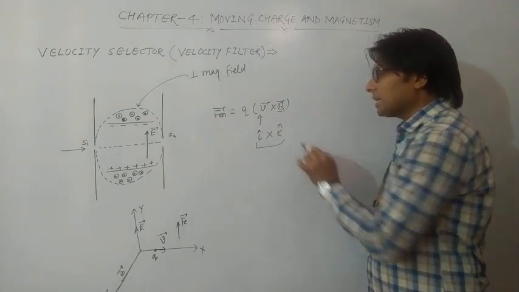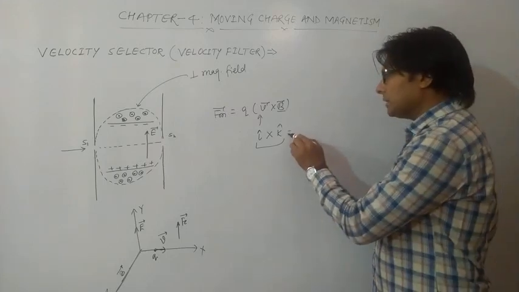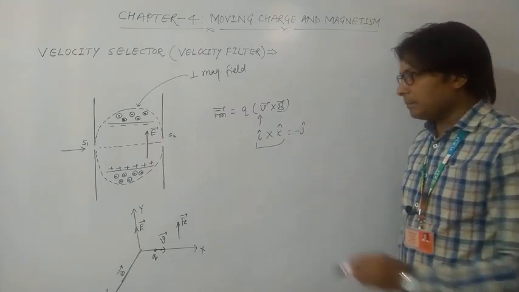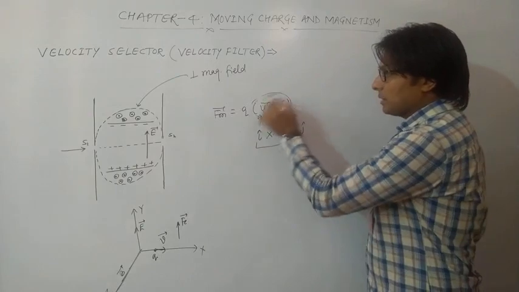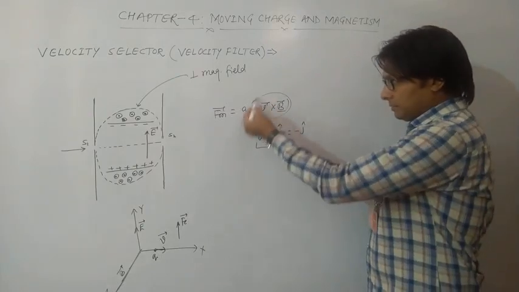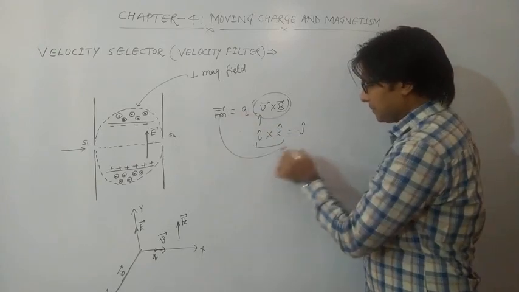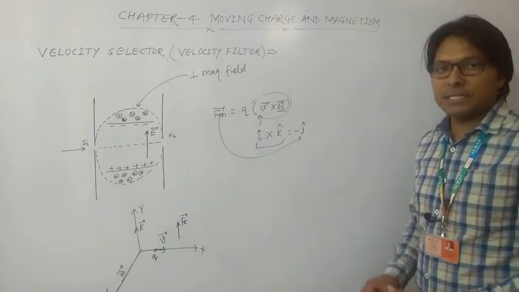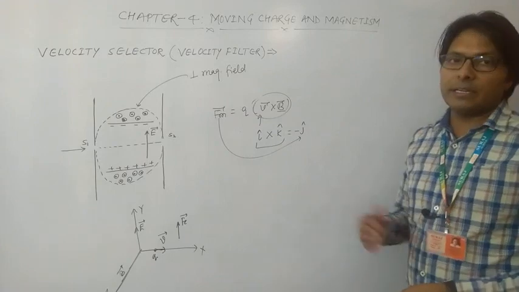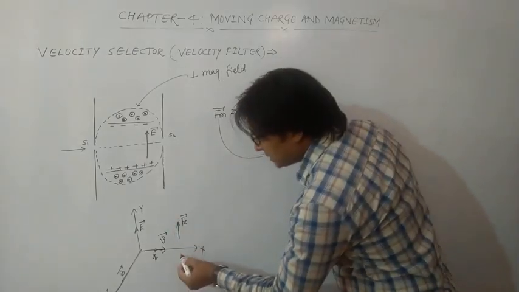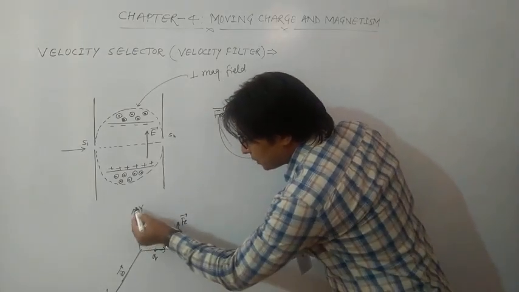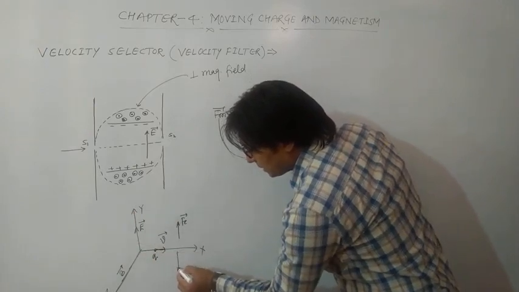So i cross k cap, as you all know, is minus j cap. So the direction of force determined by v cross B is basically minus j cap, meaning the negative y direction. And where is the negative y direction? Just opposite to the electric field direction.